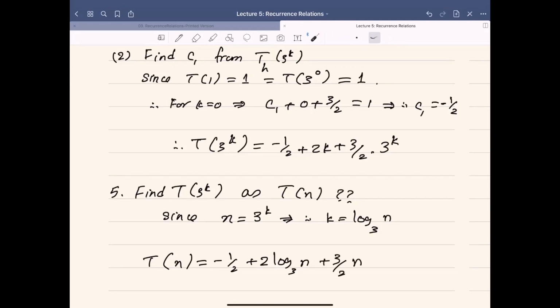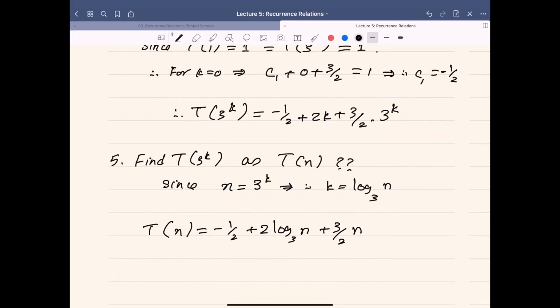How did we get this? Look at this equation. n is equal to 3 raised to power k, so it will be T(n). Now k is equal to log base 3 of n. And 3^k is equal to n, so it will be times n. And this is the last solution, the closed form of the recurrence relation.